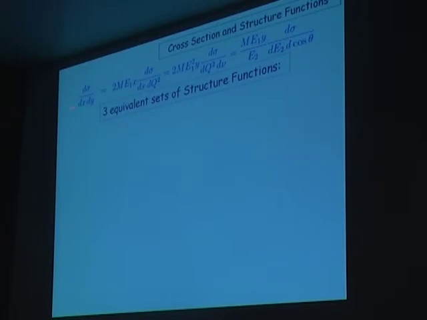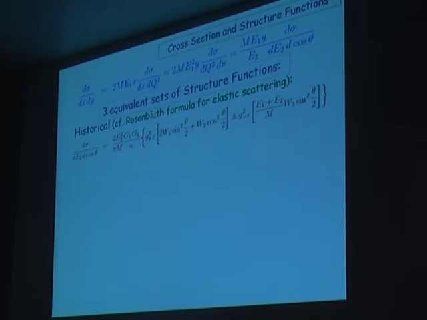The cross-section can be written in various different ways. The cross-sections are then given by these irreducible structure functions, W1, W2, W3. But there are three different ways of writing this, or three sets of equivalent structure functions.